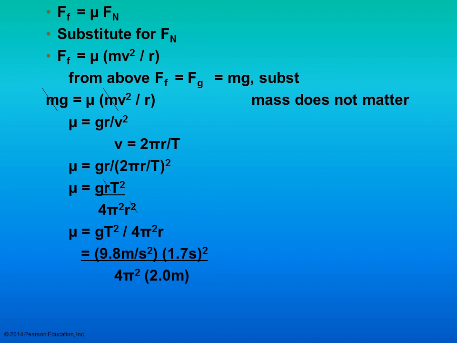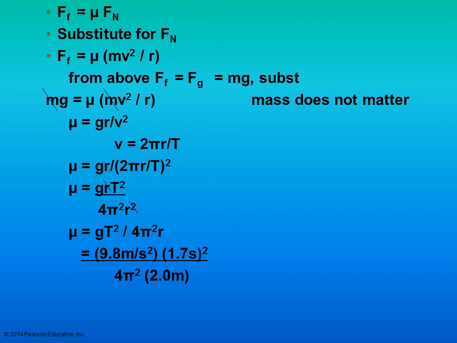This coefficient of friction, mu, is what's going to hold those people in there. So g is 9.8 meters per second squared, times 1.7 seconds squared, that's your period, divided by 4 pi squared times 2 meters.